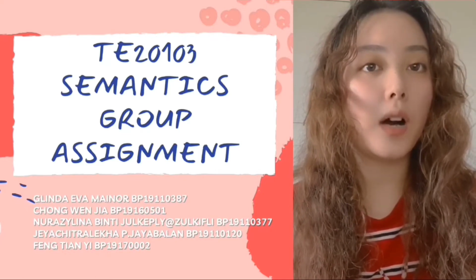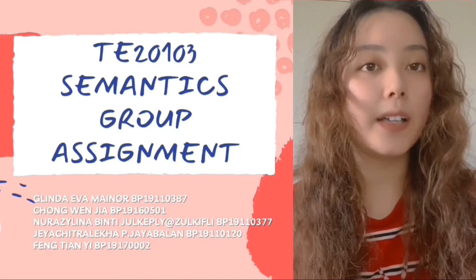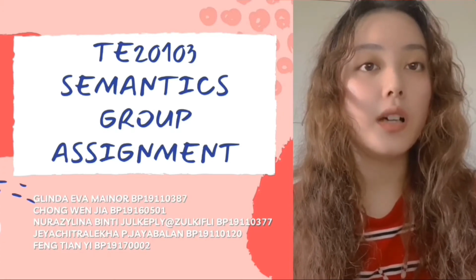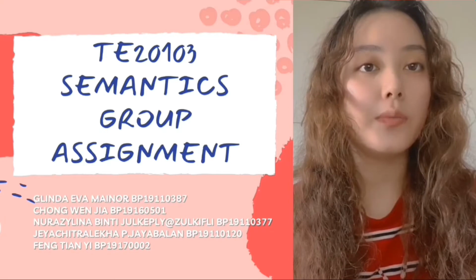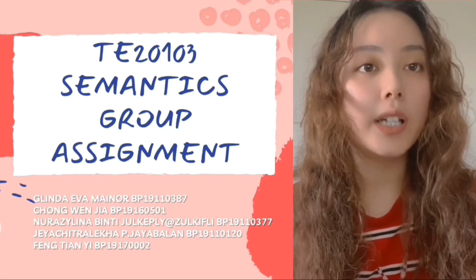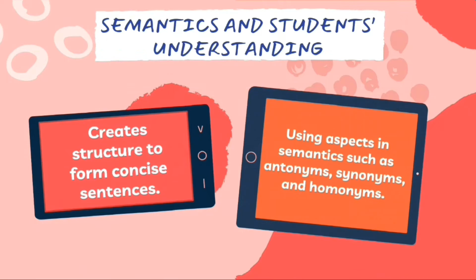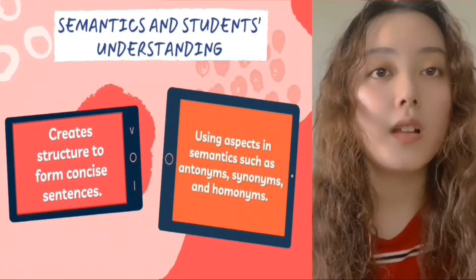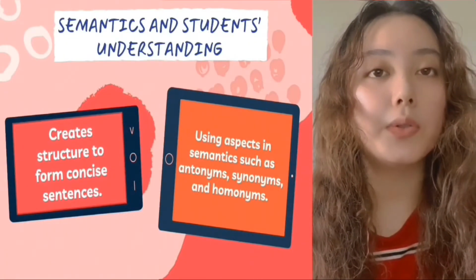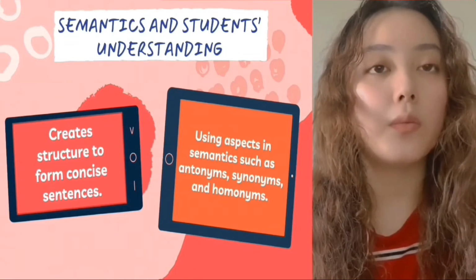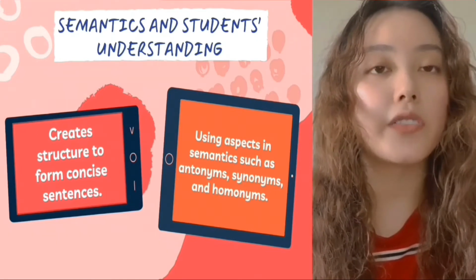We will talk about how semantics can improve students' understanding of meaning and sentence relationships, how it is related to entailment, and how we can implement this knowledge. So let me tell you how semantics helps students' understanding of words, the structure of sentences and the context.